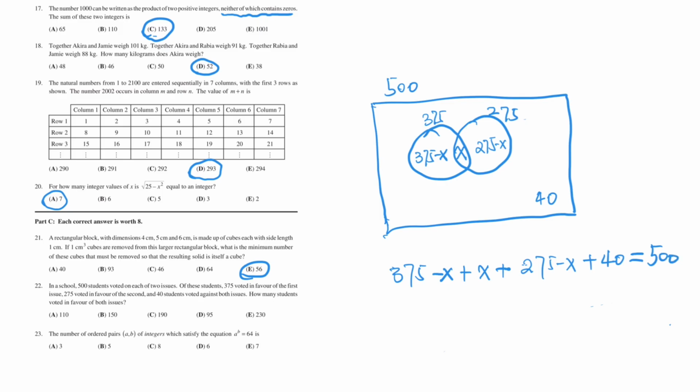So the x cancels, the negative x moves to the other side, and that gives us x equals 190. So 190 students voted in favor of both issues. So number 22, the answer is C.